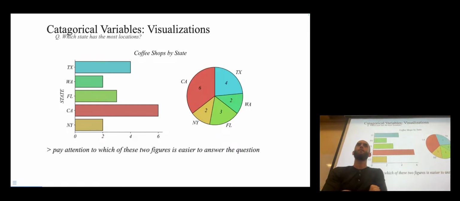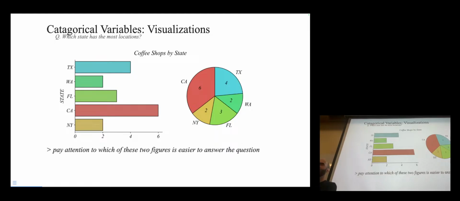I maybe would have chosen the bar graph if it was ordered better. Oh, sure, kind of like seeing it from increasing to decreasing or decreasing to increasing. Probably would have made it more visually appealing to me. But the pie chart, just seeing it kind of next to each other like that is easier for me to see that California has the most coffee shop locations.